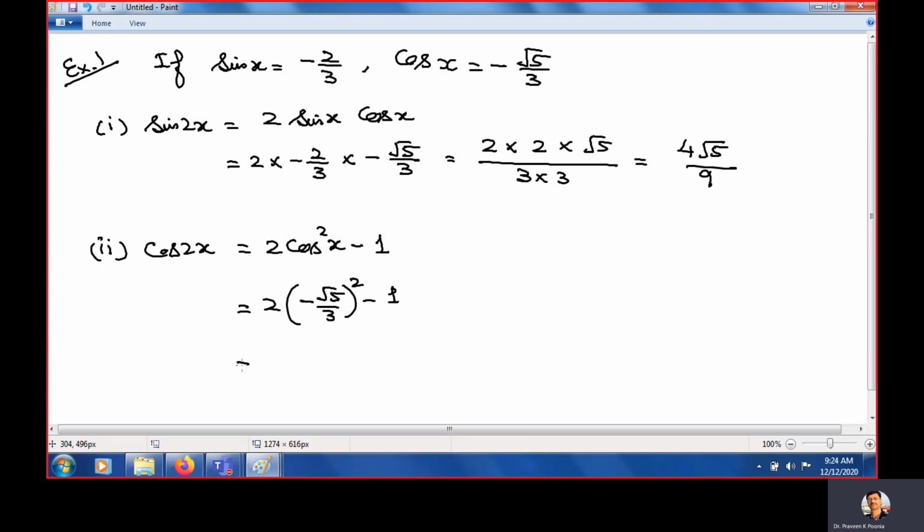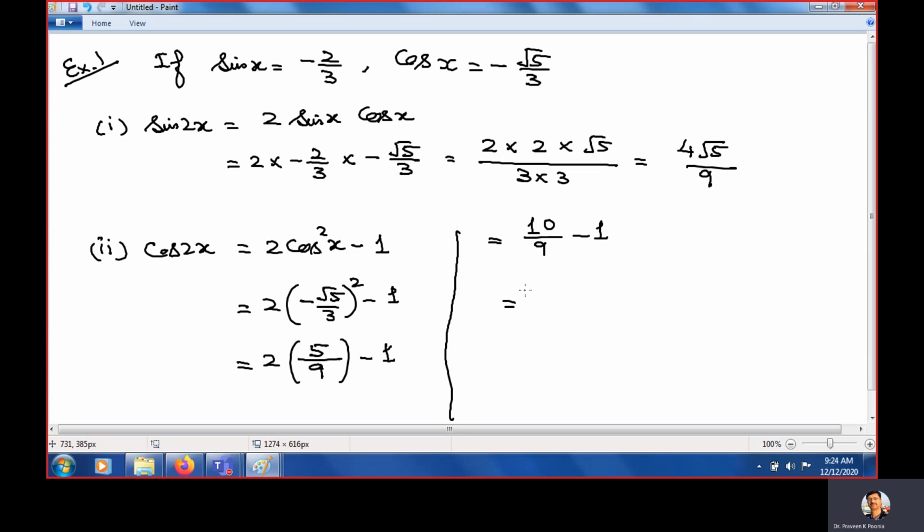And how much is it? 2 times, if you square it, minus squared is always plus, and square root 5 squared is 5, and 3 squared is 9, minus 1. And how much is it equal to? 5 times 2 is 10 upon 9, minus 1.